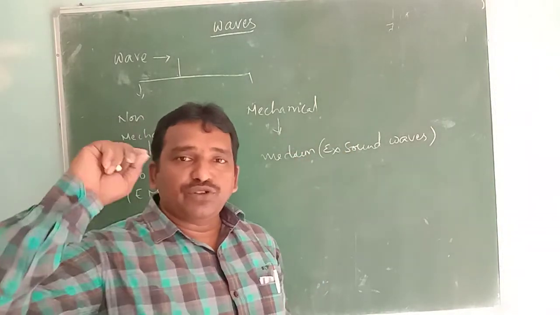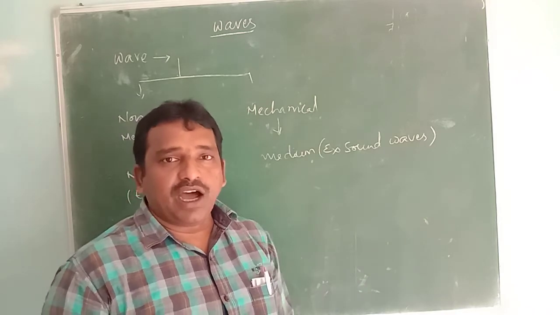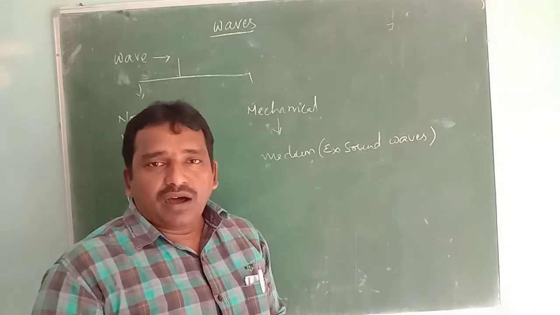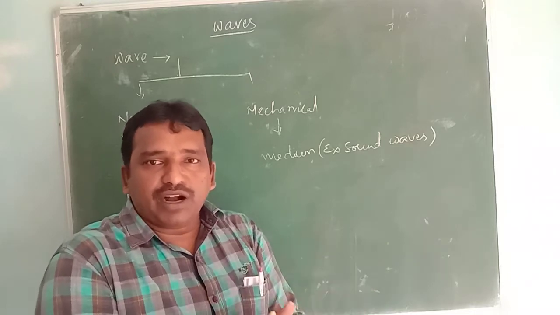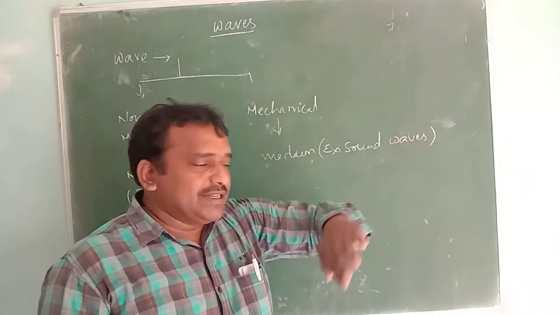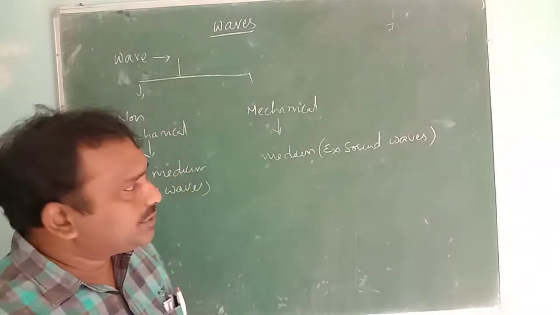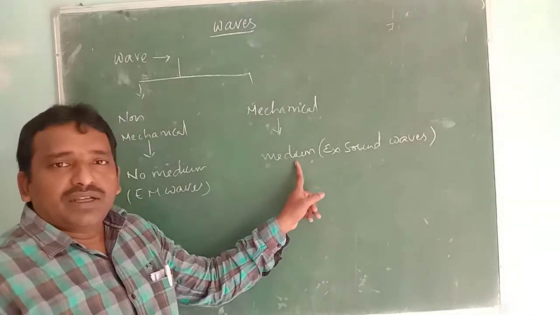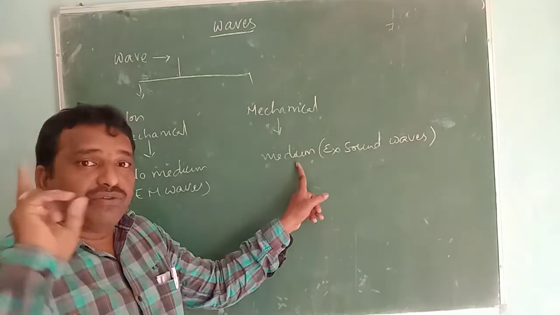Next, suppose you throw a stone in still water, then how will the water be formed? That means how the shape of the water will change. It will float like this. That means waves will be formed on the surface of the water. Those are mechanical waves because the medium there is water.